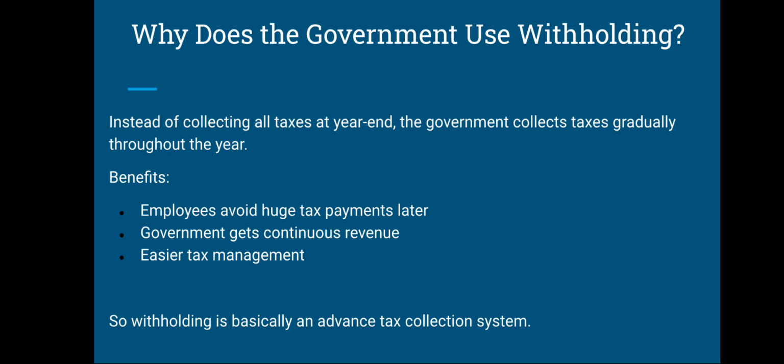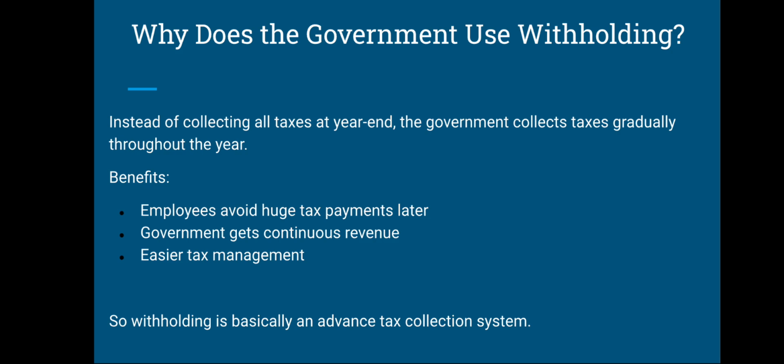You were not prepared for that. So this is an easy way which the government has applied on our salaries, that the total tax will be deducted in 12 installments, or you can say 24 installments. It depends on when your payroll is processed.